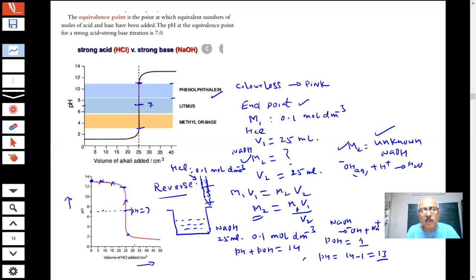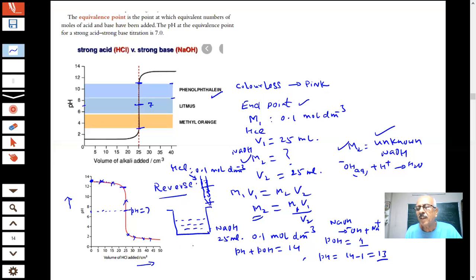And then finally, after 26 milliliter, you see it becomes constant, because then H plus is in excess. HCl is a strong acid. This is a titration curve: pH versus volume of the HCl added.